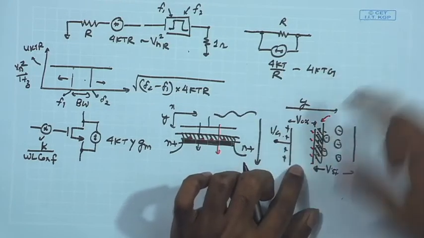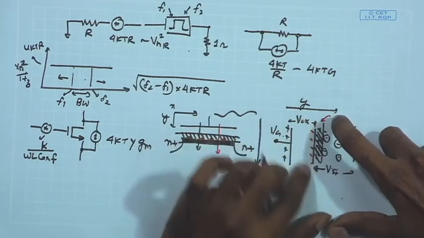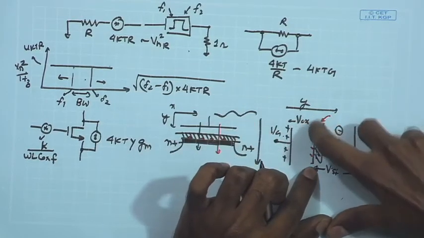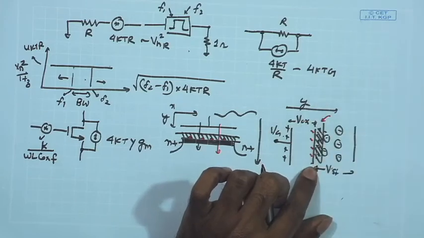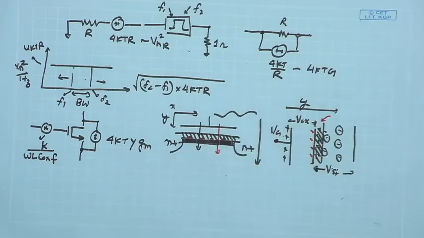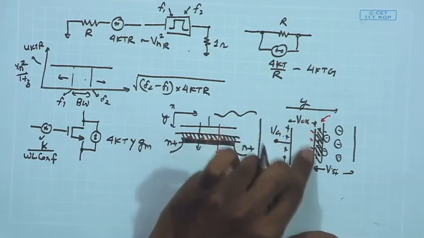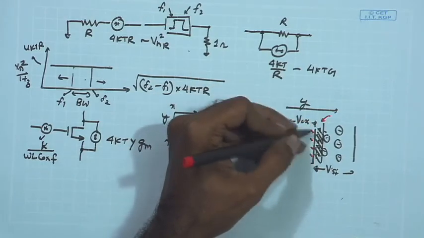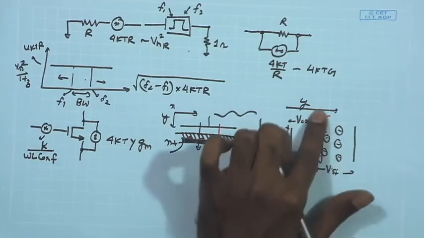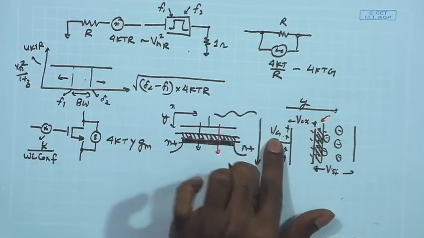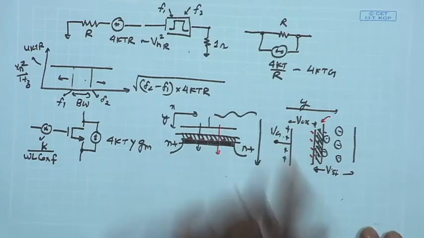So now if you have some net trap charge, the combination of this trap charge along with the mobile charge plus the fixed charge will be balancing the positive charge on the gate. Since this trap charge is random in nature and randomly fluctuating over time, the mobile charge required to balance the additional positive charge will also fluctuate over time.